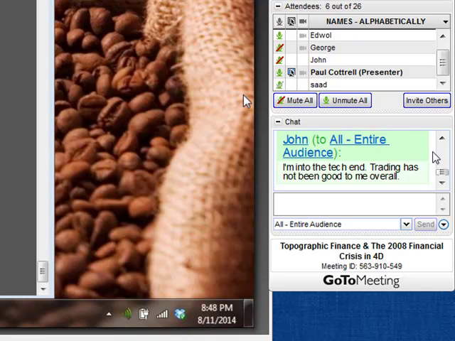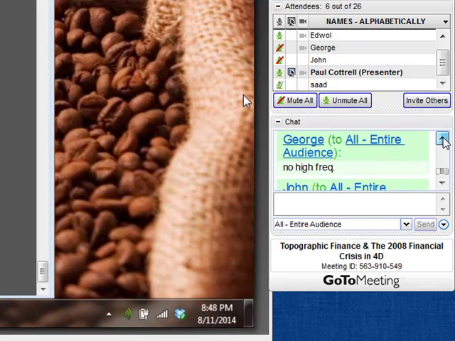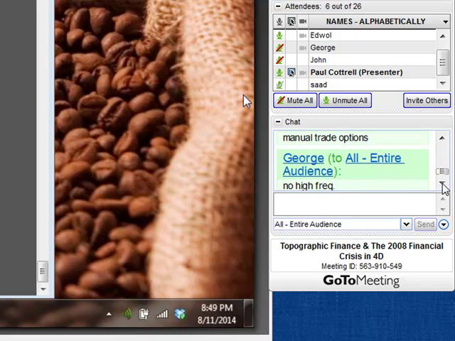So how much would you be willing to pay for Poseidon if you were to purchase it as a monthly fee? Yeah, a few bucks a month would be good, or what George says, he's no high frequency.